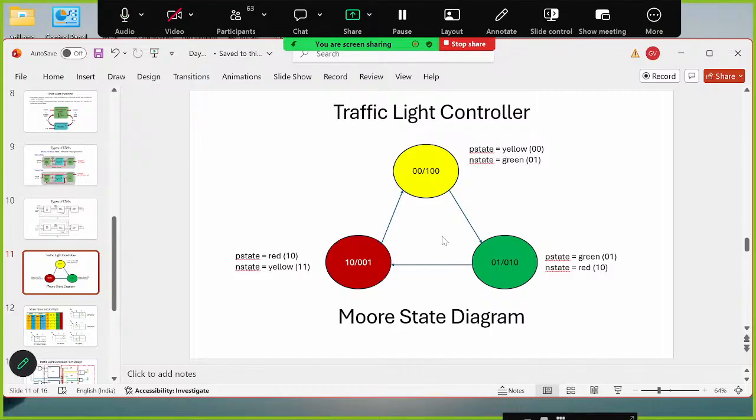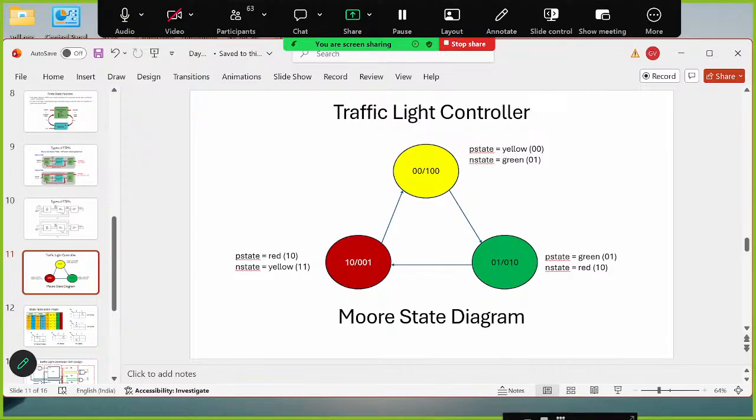First of all, you should make a state diagram. In a state diagram you can represent the states with circles, just like I have represented the red, green, and yellow lights. These are the states. And in the states, you can identify the present state, the next state, the inputs, and the outputs.